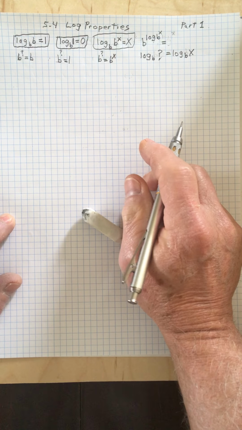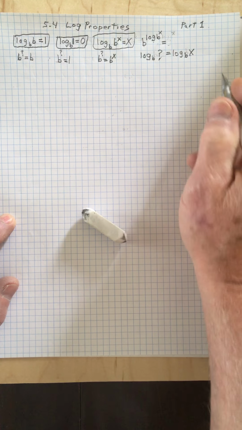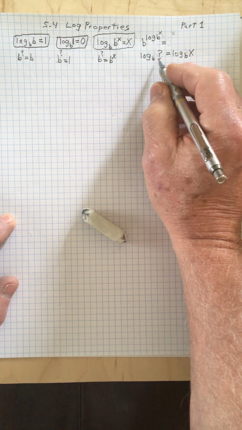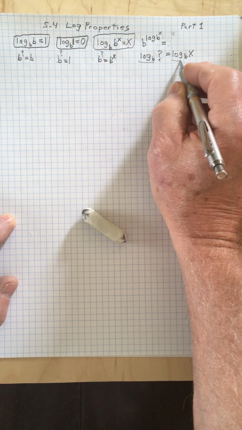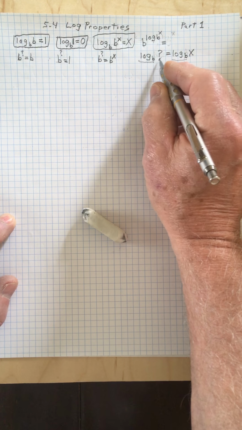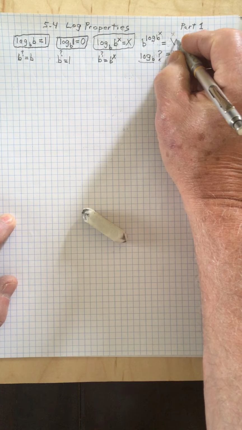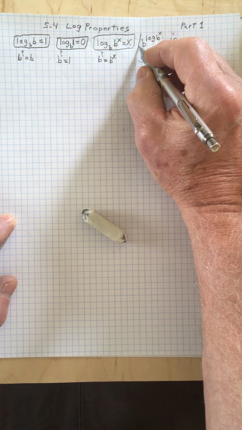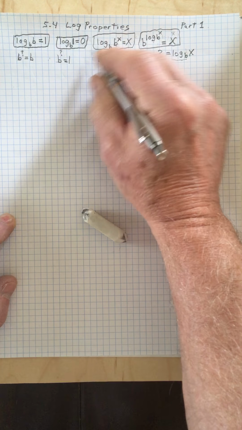So what do we have here? Well, everything matches. This is log base b of something. This is log base b of x. So that means this has to equal x. So it's the same idea as here, except it's kind of the reverse.